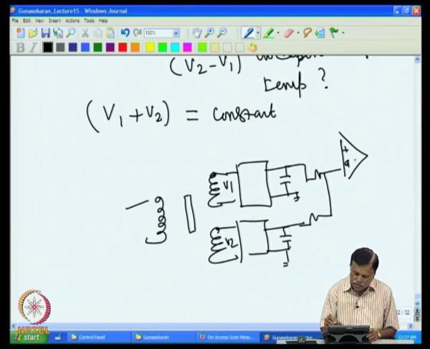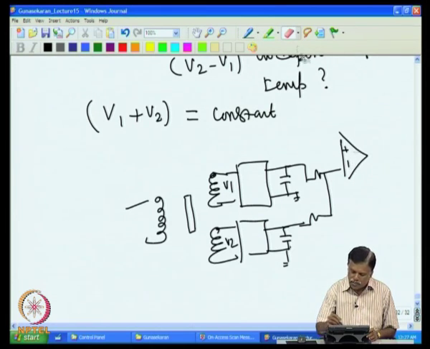For example, this is supposed to be minus, you have minus. So, this I compare with the reference voltage.